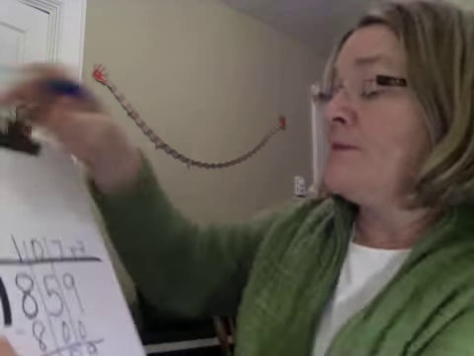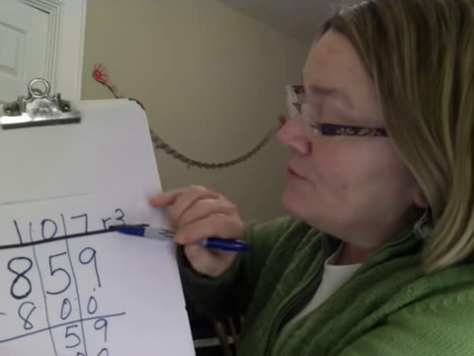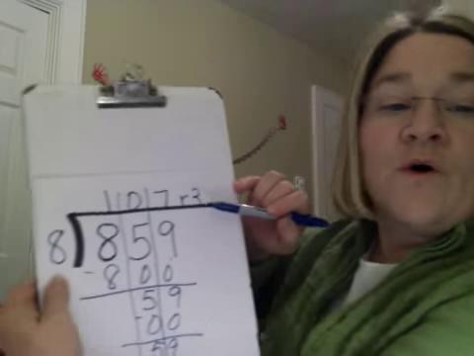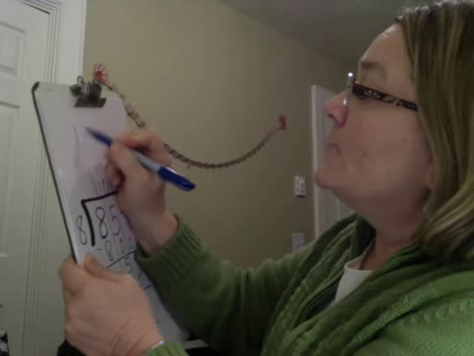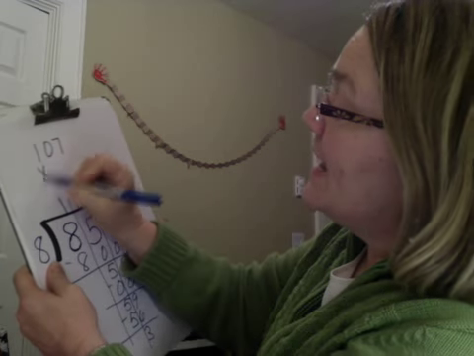All right, now let's work on the next thing. We're to the point where we're doing such complicated problems now that we really need to always check our work. So let's take our answer here. Our answer is 107 remainder 3. So to check it, we'll take 107. We're going to multiply it by 8.